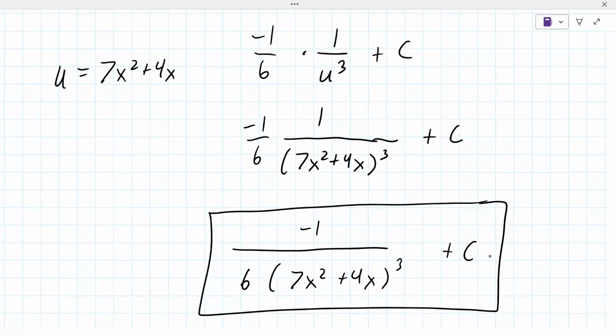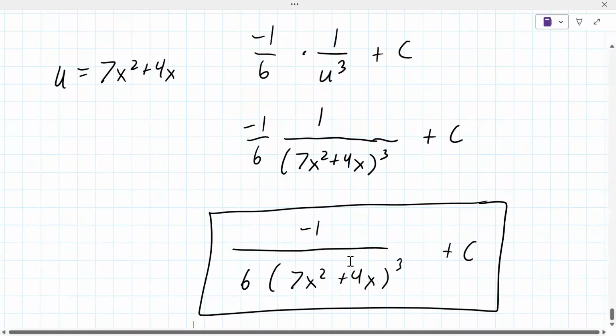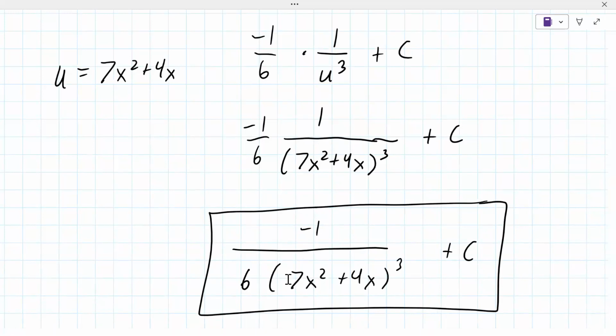That is your final answer. You can leave it like that. Again, this will be one of the answers. You could take the derivative of this and you will probably see it in such a way that you can work through it. But the next few are like this. It's going to be a little bit tough.